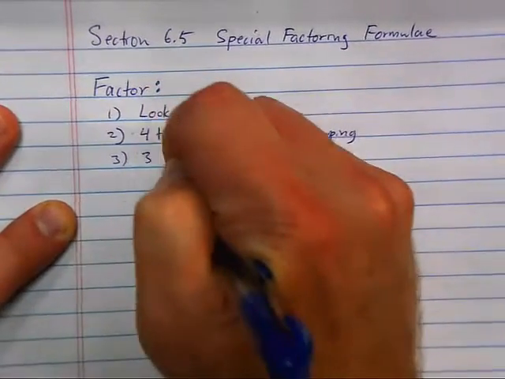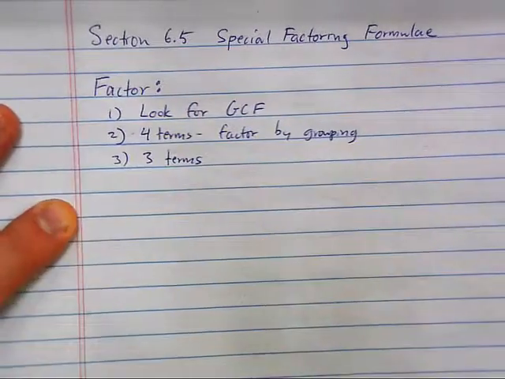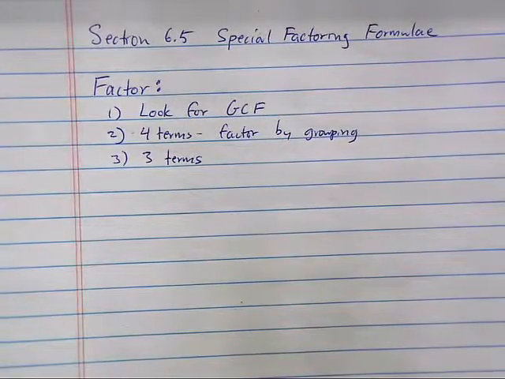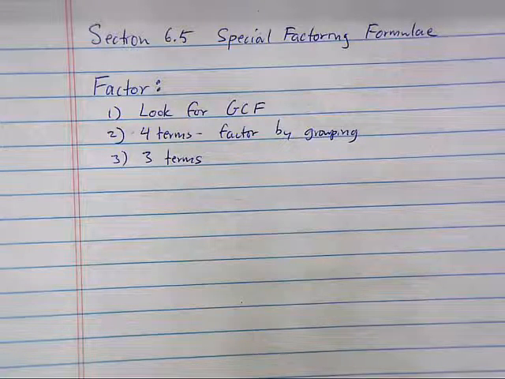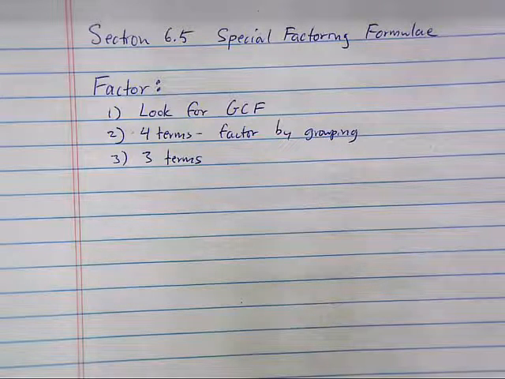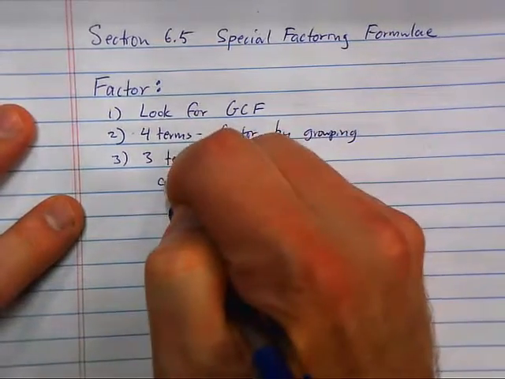What do you do if you see 3 terms? You look at the leading coefficient. You look at the very first number. If the very first number is the number 1, what do you do? Guess and check. You do the FOIL backward. So you have 2 choices here.